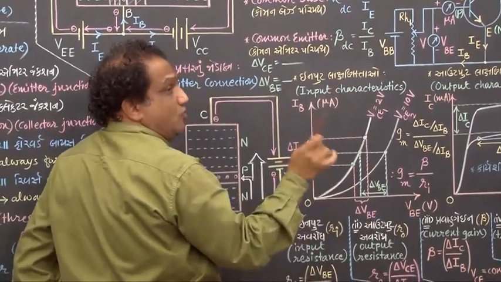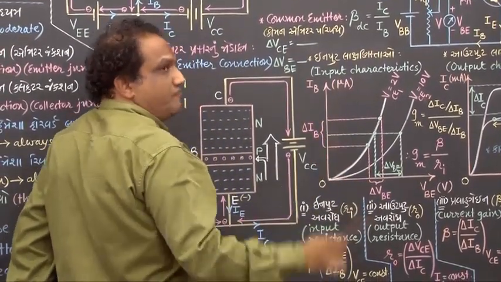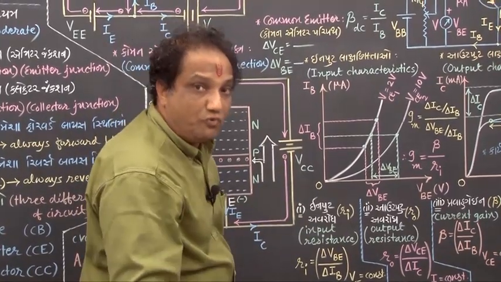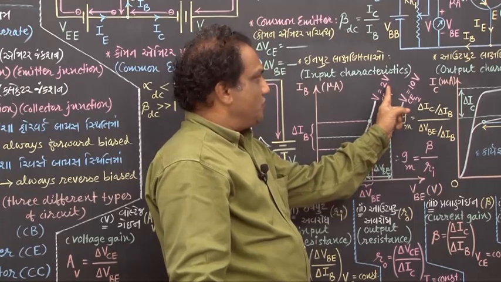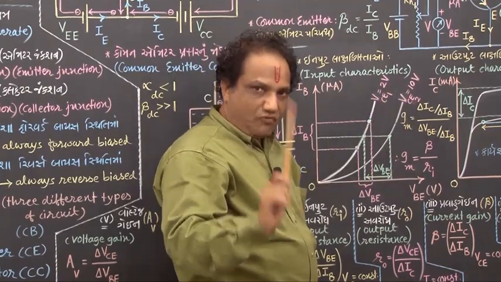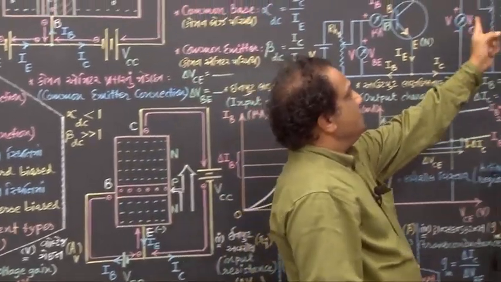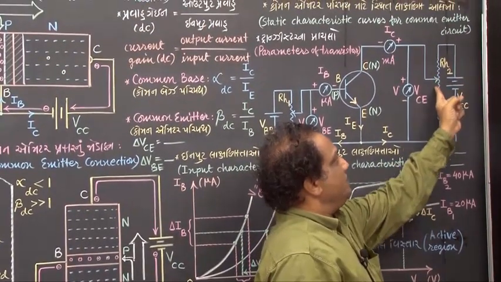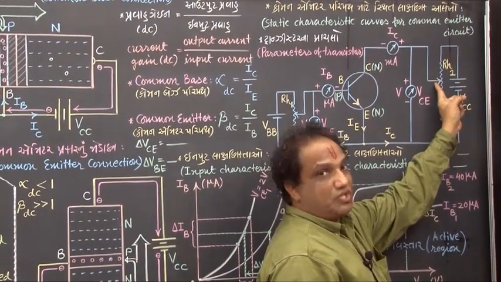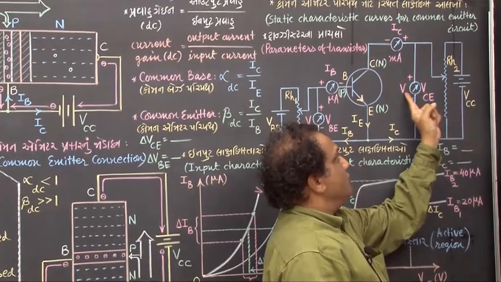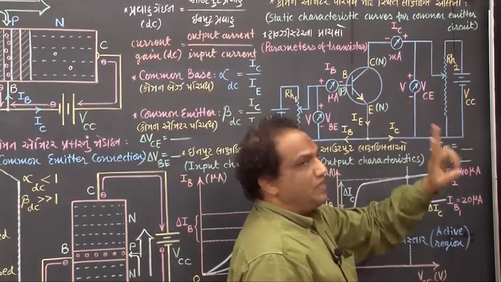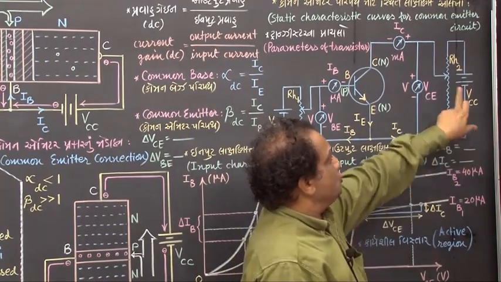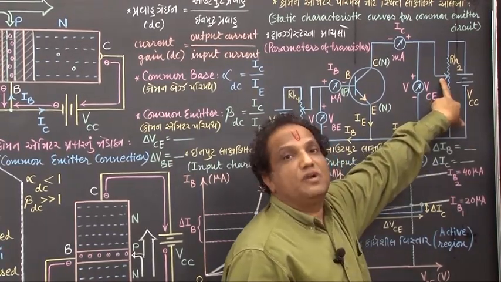But such graphs are to be plotted keeping some fixed constant value of output voltage. Suppose first I want to keep the output voltage constant at, say, 2 volt. For that, you should change the position of the variable terminal of this rheostat till this voltmeter indicates 2 volt. Once you get 2 volt in this voltmeter, you should not disturb this position of the variable terminal.